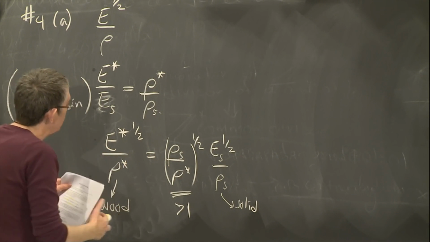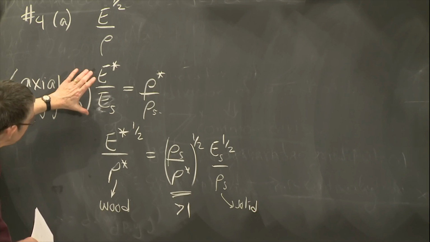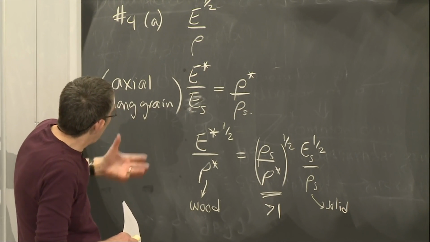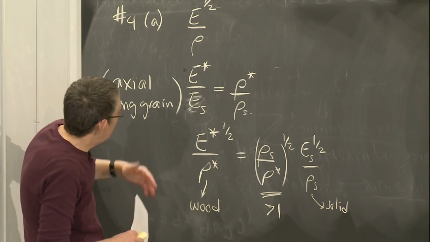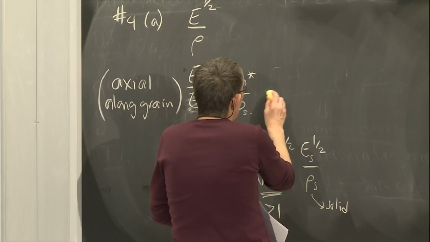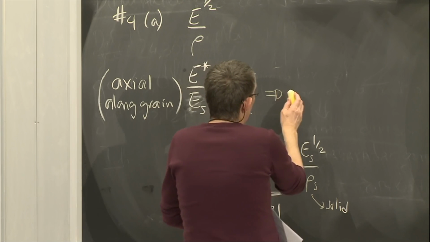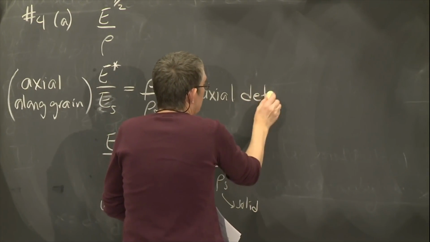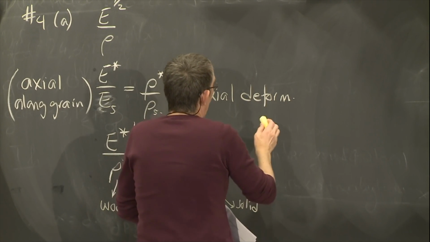So really, all you have to do is say that for the wood, the modulus in the longitudinal or axial direction along the grain varies linearly with the relative density. It would be a good idea to say that this is a result of the cell walls deforming axially.